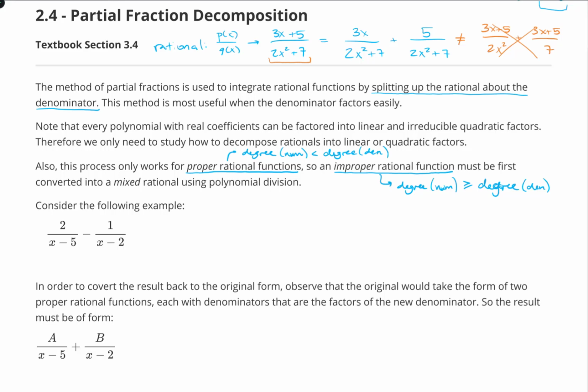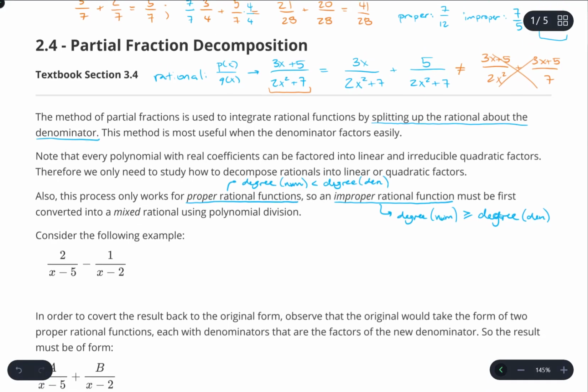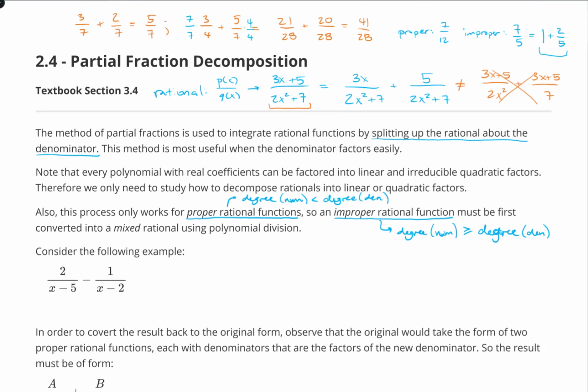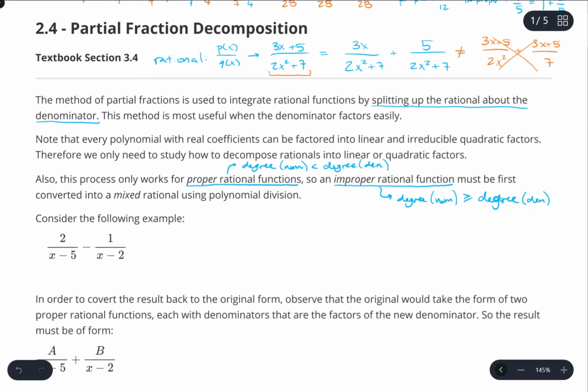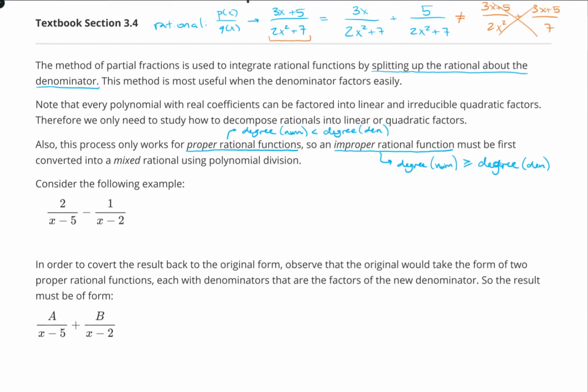If I want to combine these into a single rational function, then in the same way that I added fractions that had different denominators, I would need to get a common denominator.